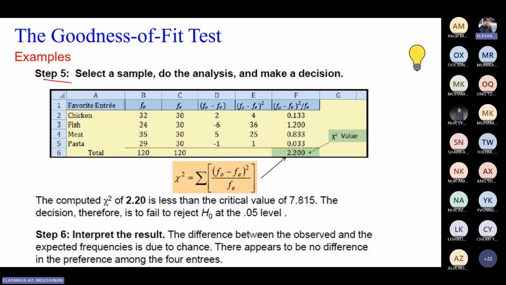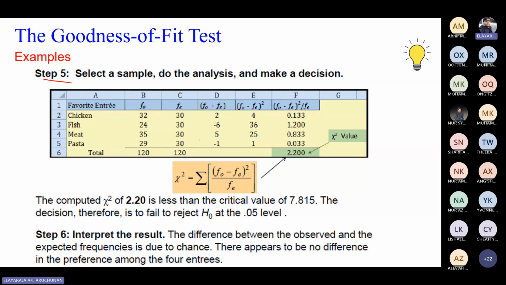For chicken, the observed is 32 and the expected is 30, with all this data. First, express it in the form of a table: your observed frequency minus your expected frequency. Observed is 32 and expected is 30, so 32 minus 30 is 2.